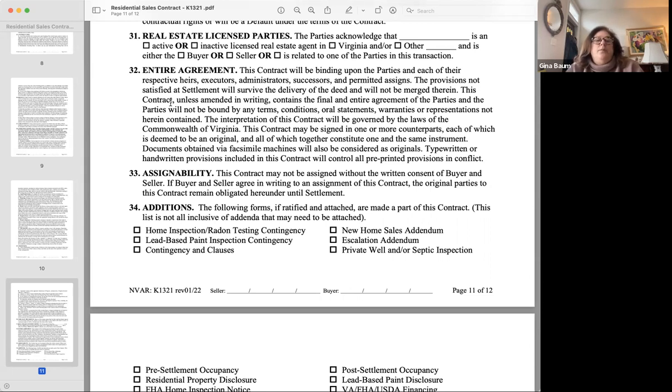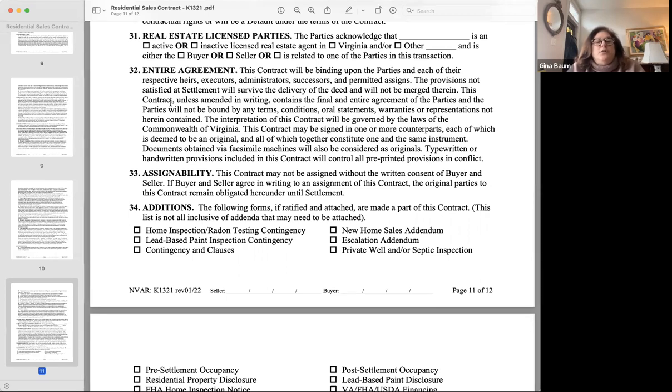Okay, entire agreement. This contract will be binding upon the parties and each of their respective heirs, executors, administrators, successors, and permitted assigns. The provisions not satisfied at settlement will survive the delivery of the deed and will not be merged therein. This contract, unless amended in writing, contains the final, and like I said earlier, the entire agreement of the parties, and the parties will not be bound by any terms, conditions, oral statements, warranties, or representations not herein contained.